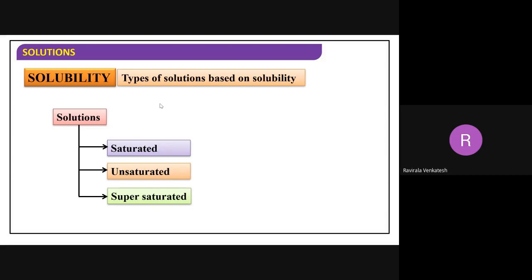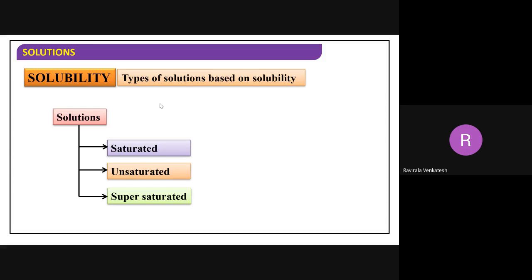Unsaturated means you are adding salt and further salt is dissolving in the solvent. That means we can add more salt into the solvent, so the solvent requires more solute. In that case it is unsaturated. But what about supersaturated?